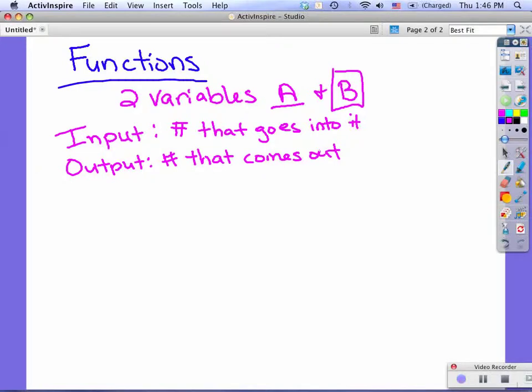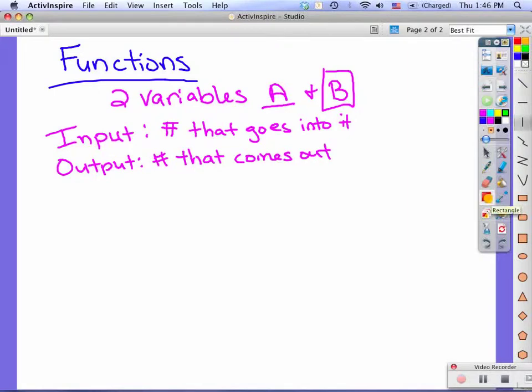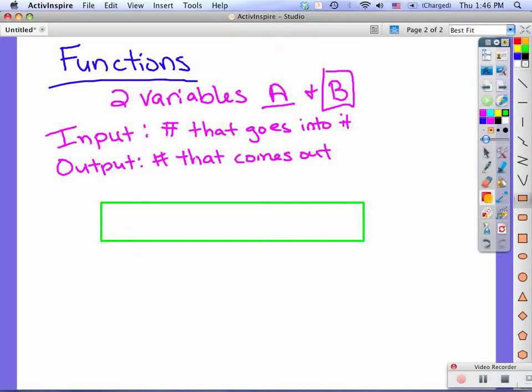So, a function table looks like this. It could be long this way, or it could be tall and narrow. We're going to have it go lengthwise.